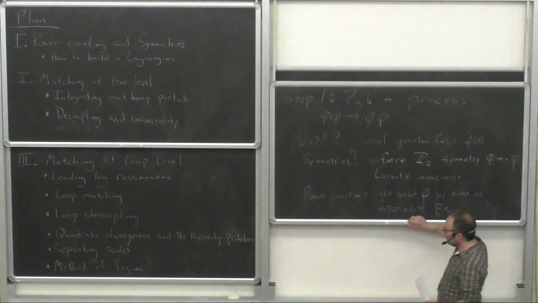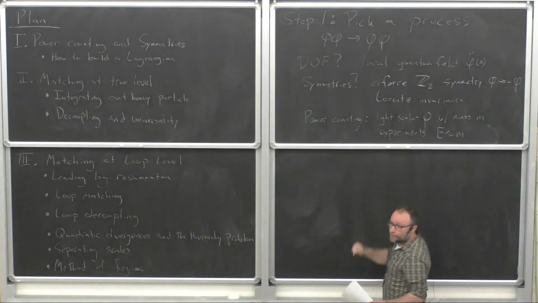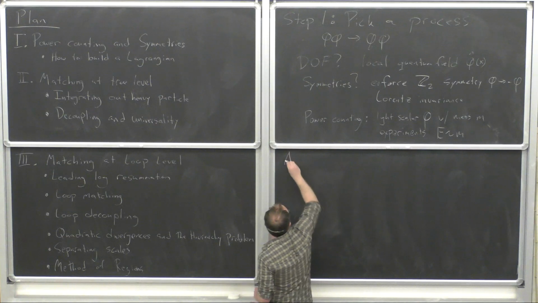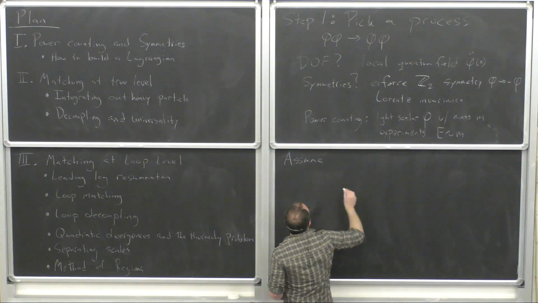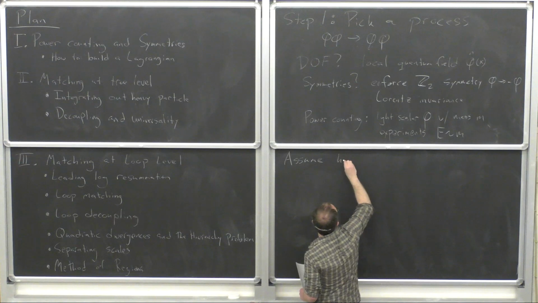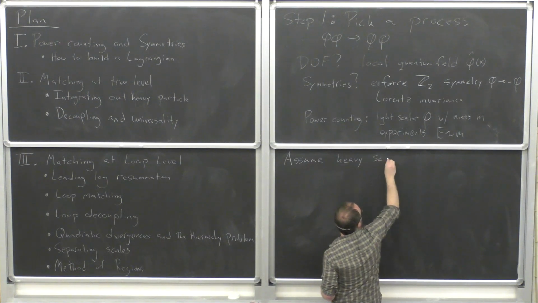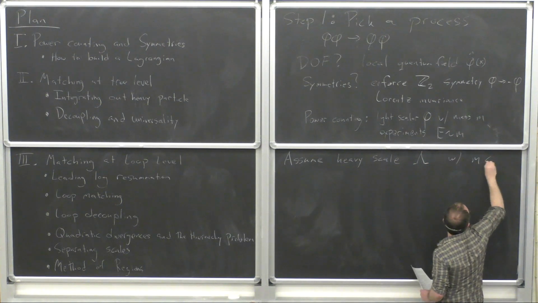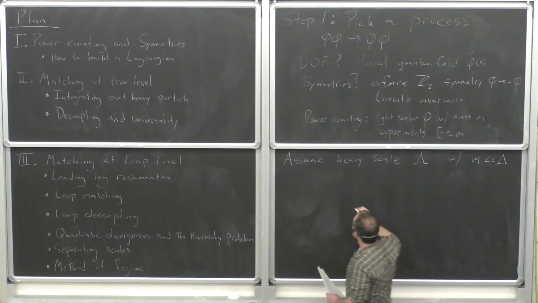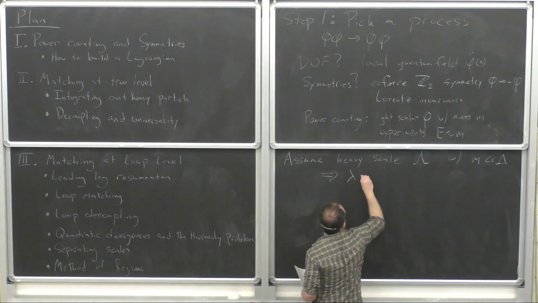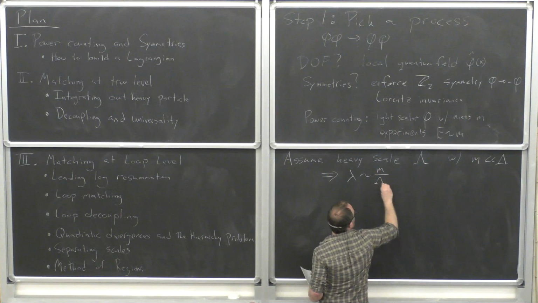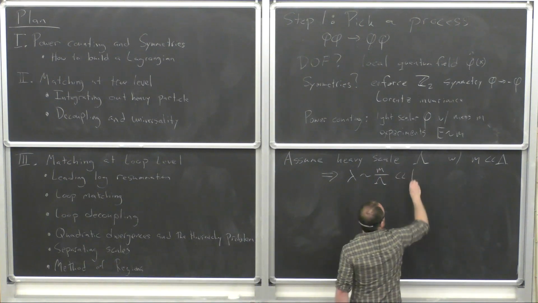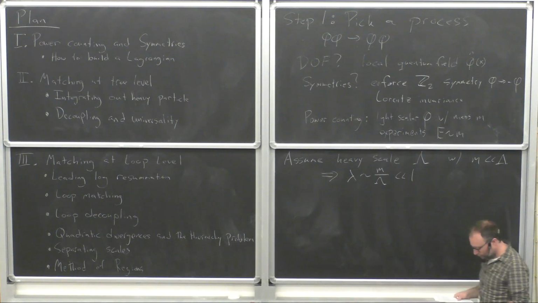So I am going to assume at this point that there's some heavy scale or large scale, capital lambda, with m much, much less than capital lambda. So I'm going to organize my theory in terms of a power counting little lambda, which is m over capital lambda, which is a small number. Okay?